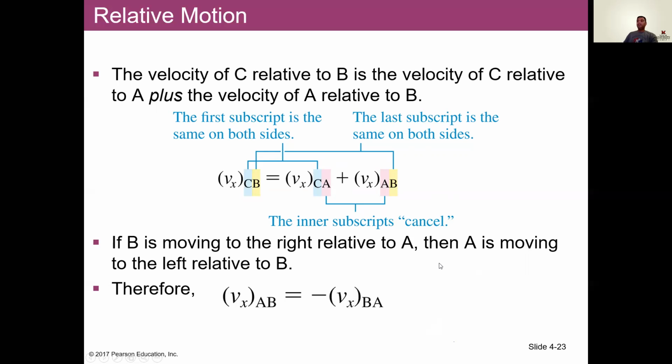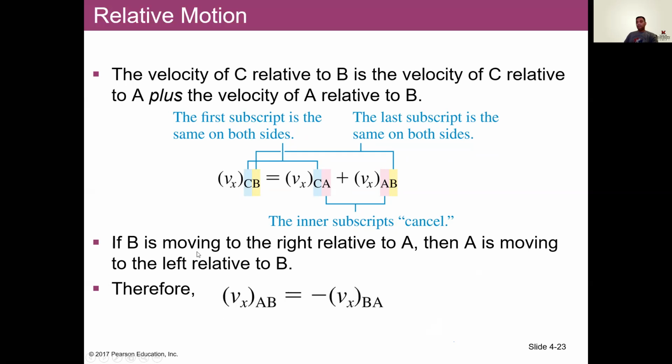So if you are given a problem and you have the freedom to play with this equation, by all means use it. In some problems, there will not be any other way to find the relative velocity of one person or object with respect to another without going through this chain rule. Okay, there is a second rule that is very important as well, which is basically the opposite rule.